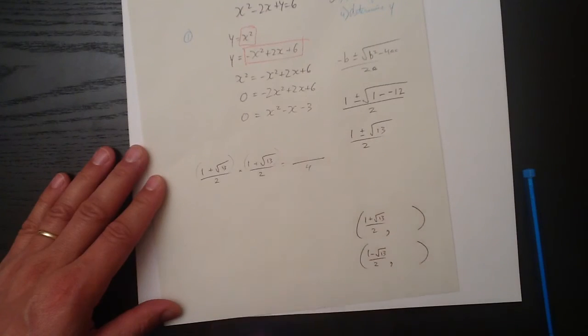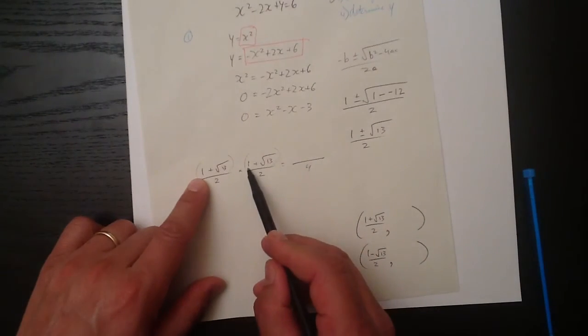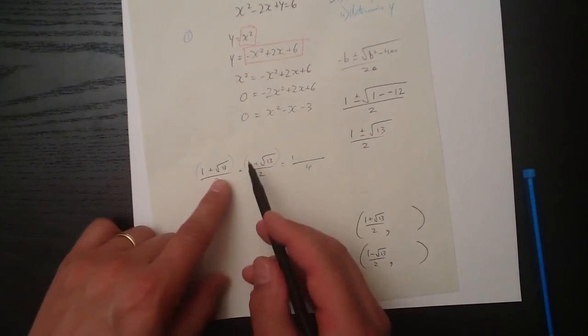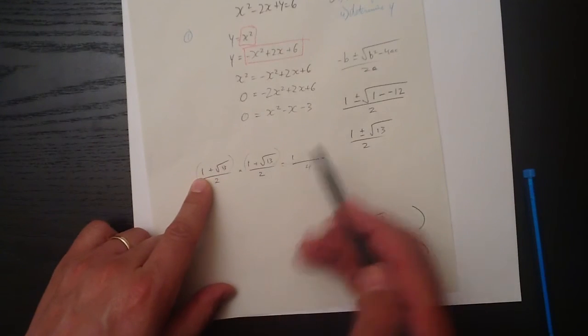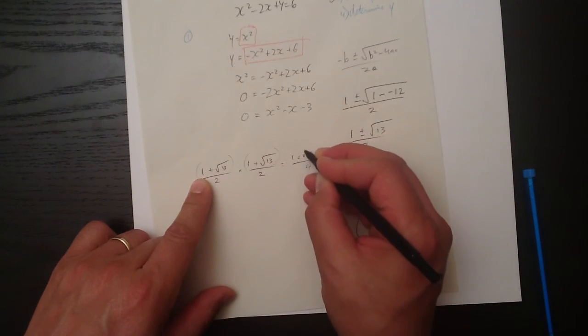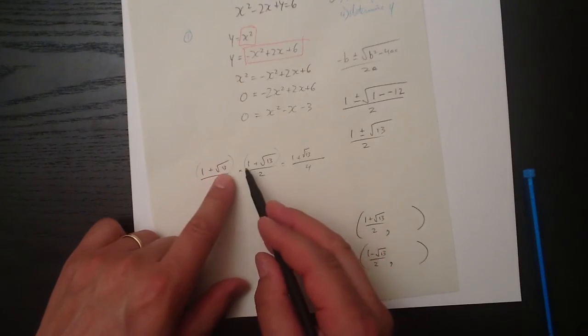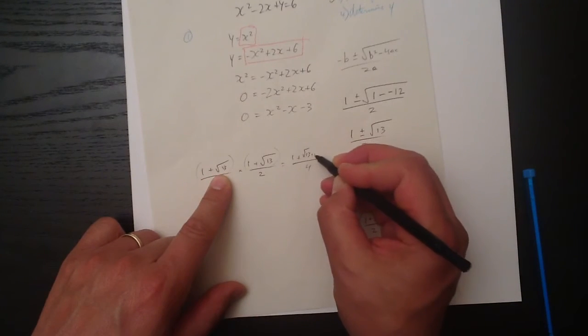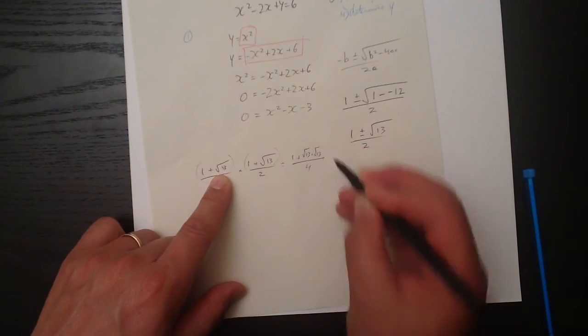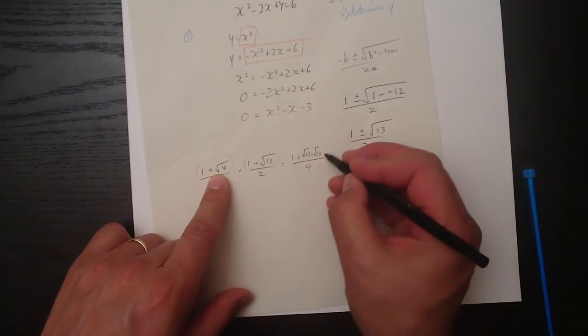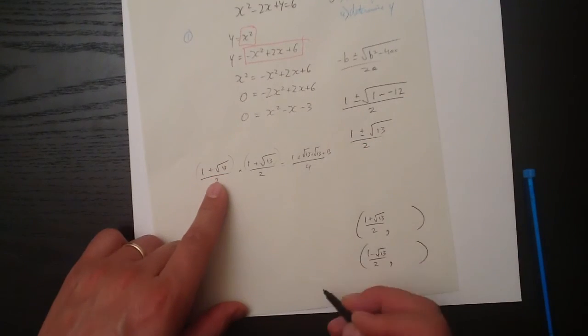First, outside, inside, last. So the 1 times 1 is 1. Outside, 1 times root 13 is root 13. Inside is root 13. And last, root 13 times root 13 equals 13.